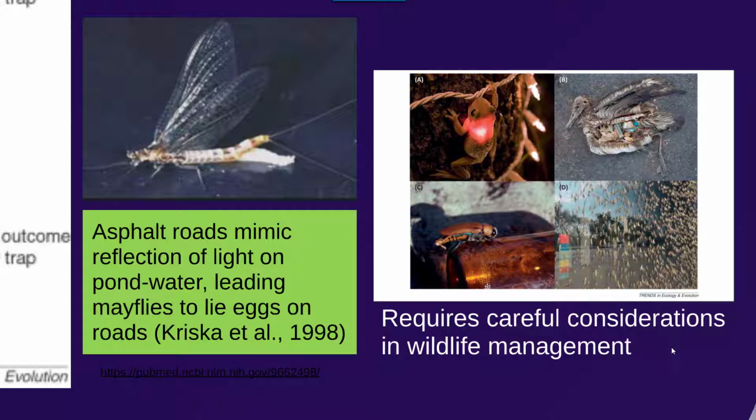And of course, in the upper right-hand panel, we've all heard a lot about plastic being ingested by birds and other sea creatures, and that plastic ultimately building up in the stomachs of these animals so they're no longer hungry. So they're picking up on these cues and essentially getting trapped into these unfortunate situations. So this particular topic requires careful considerations in wildlife management.